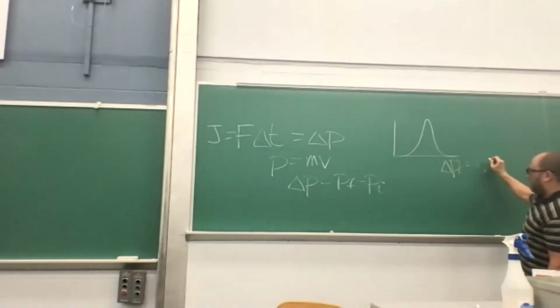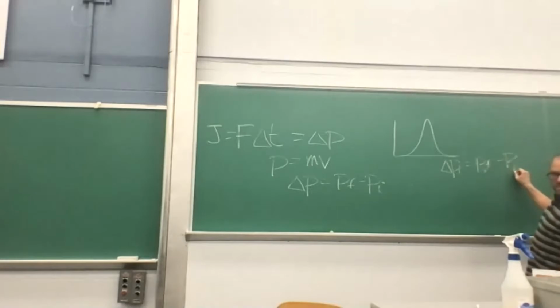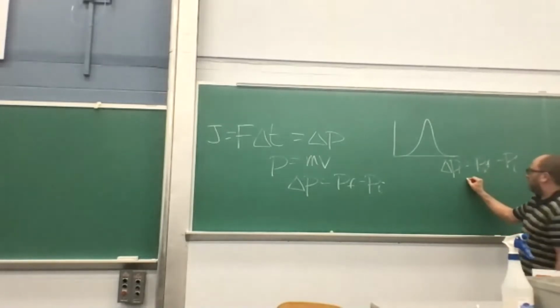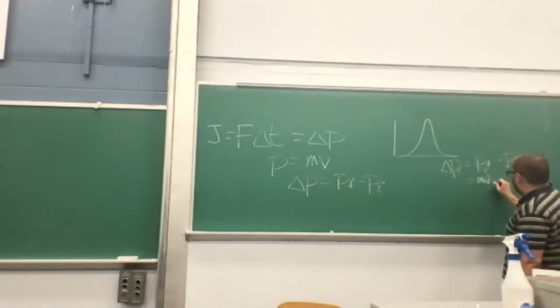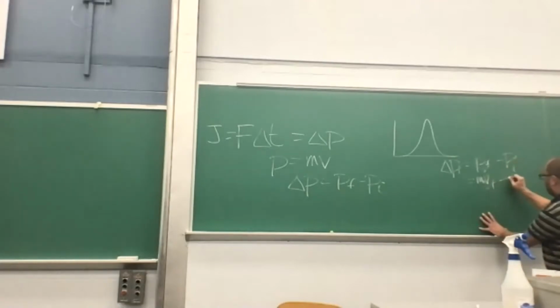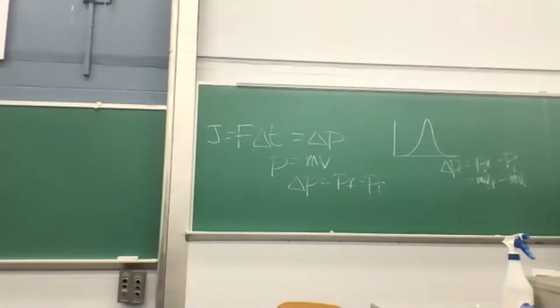Well, we'll do my P final minus P initial. Okay. So then this would be M times V F minus M times V I. Okay. So then if this was say 1 gram, it would be 0.01 times, and we'll say it got to 1 meter per second.